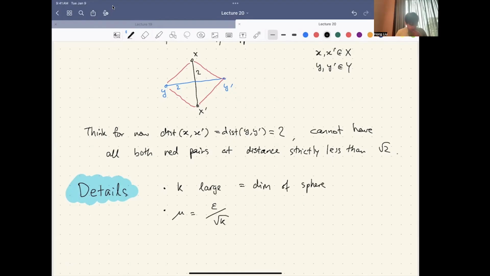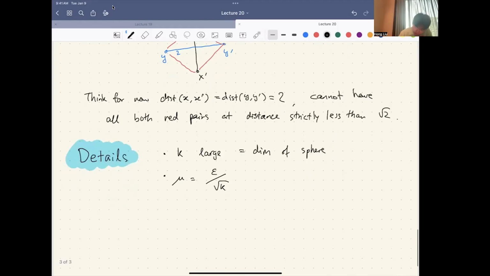The first lemma is that we can cut the surface of the high-dimensional sphere into equal measure pieces, each of small diameter. This is for us to distribute vertices uniformly over a sphere.